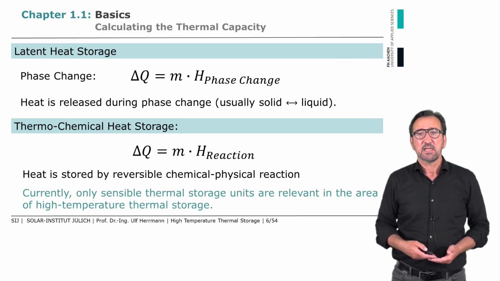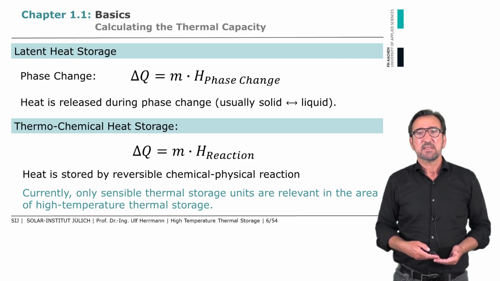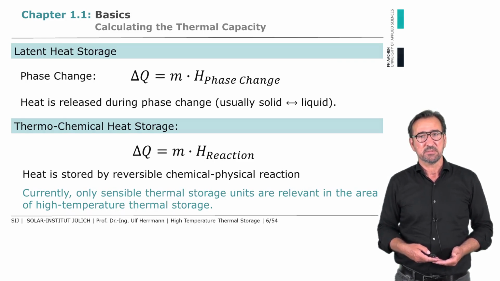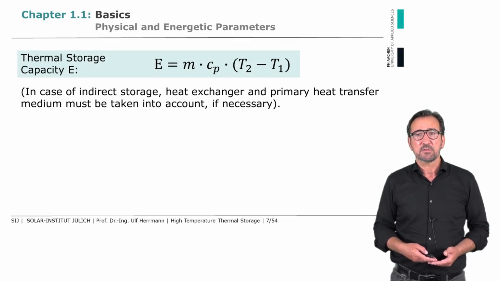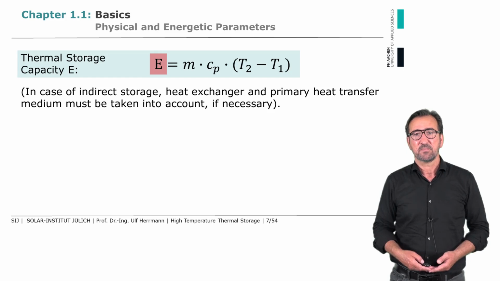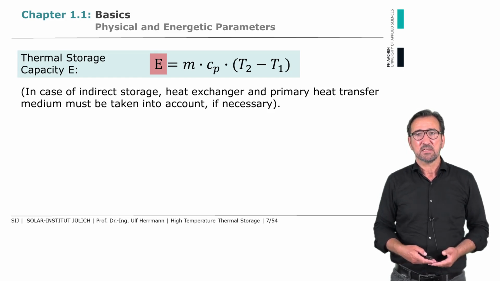In large-scale applications, we currently only see sensible heat storage systems. Along with the heat input or output to or from the storage, the storage capacity E is an important parameter. E is the amount of energy stored.